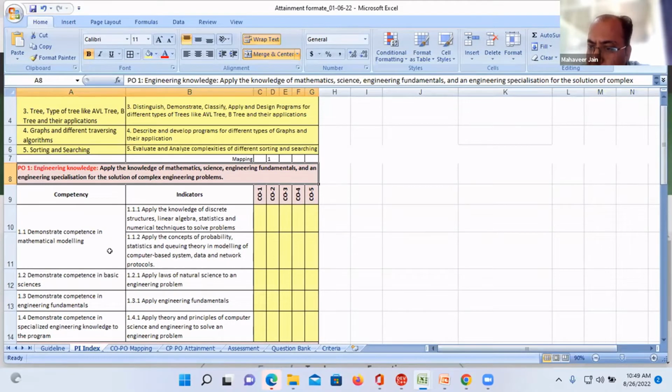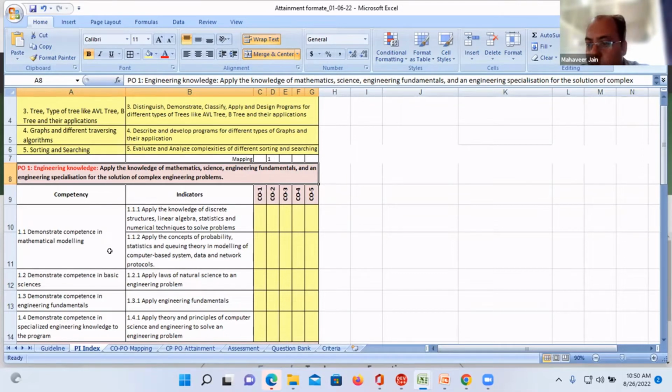The usual way of mapping is you read your CO statement and your PO statement every time, and decide whether your CO is low mapped, moderately mapped or highly mapped.